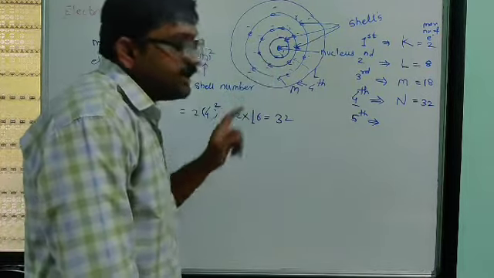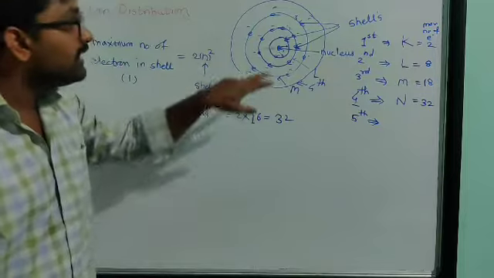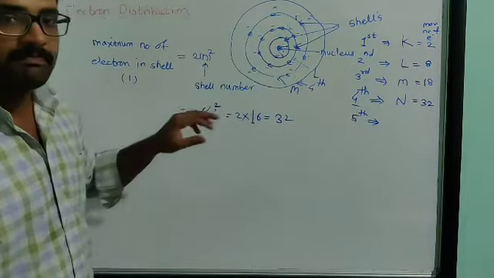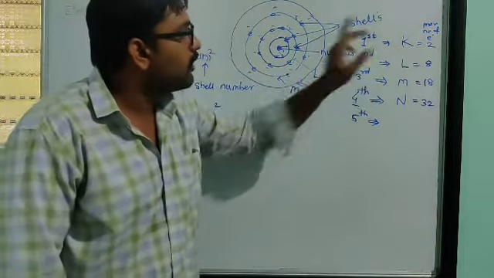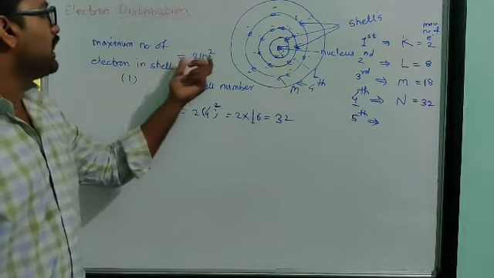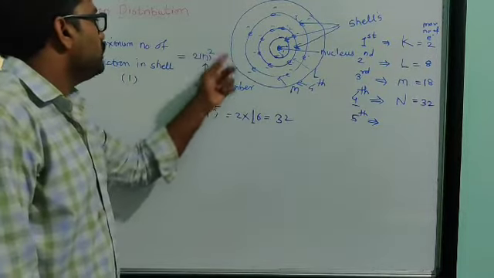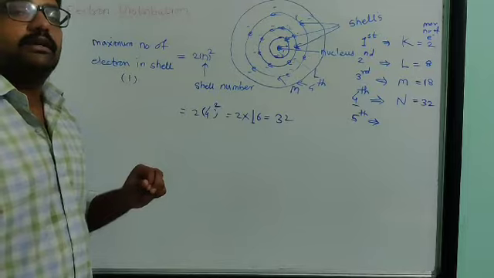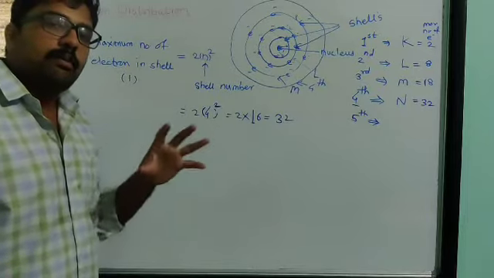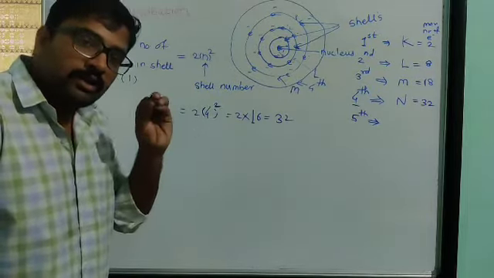From the nearest shell to the nucleus. From the nearest shell we have to start. And by using this formula 2n square, we can calculate the maximum capacity of a given particular shell.